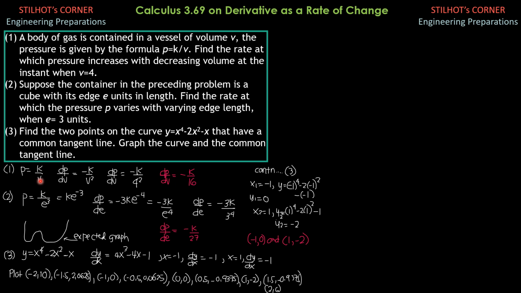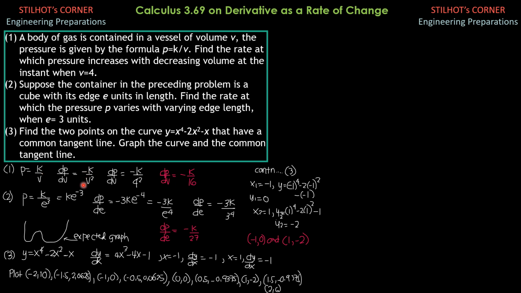So the derivative of pressure with respect to volume is equal to, remember the guide formula, negative K over V square. And you may also rewrite this equation into K times V to the negative 1, so that the derivative of pressure with respect to V is equal to negative 1 times K times volume raised to negative 2.